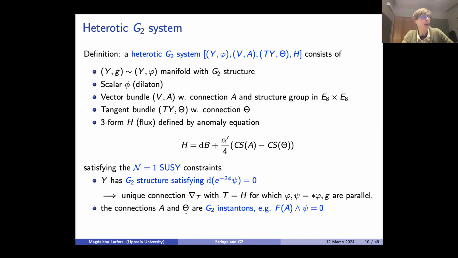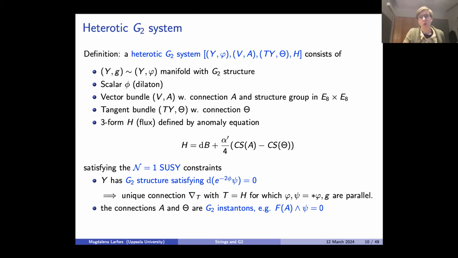And I will assume the same condition for theta, the connection on the tangent bundle, because then any solutions that I can find to the supersymmetry constraints will also be a solution to the equations of motion for the heterotic string, provided that this anomaly cancellation condition is satisfied.